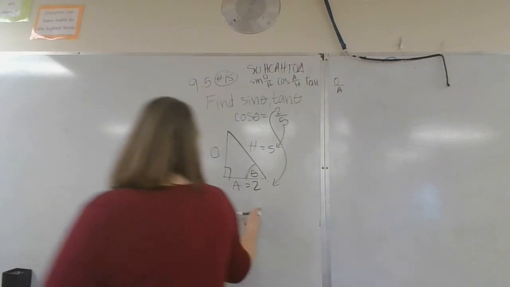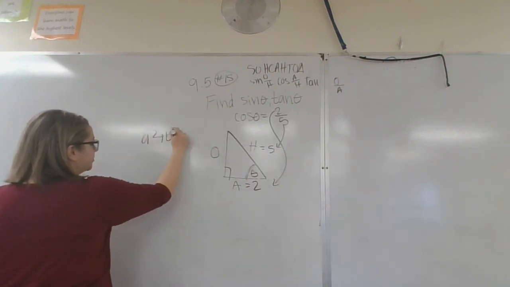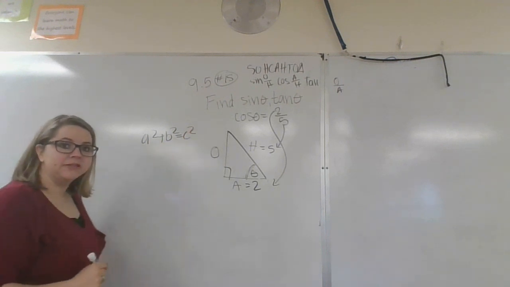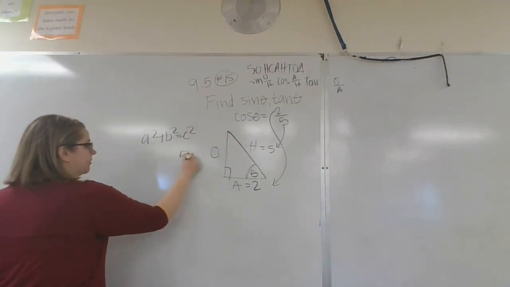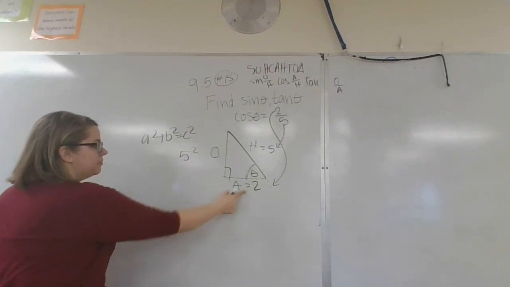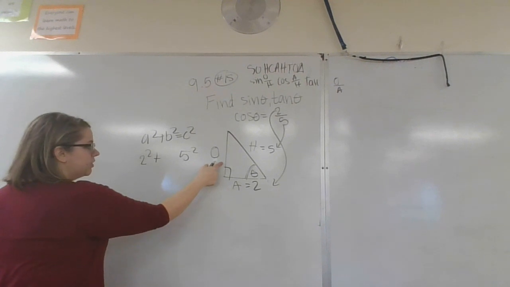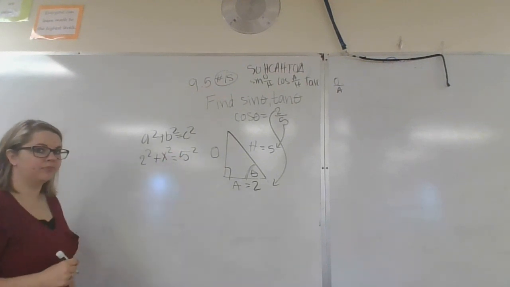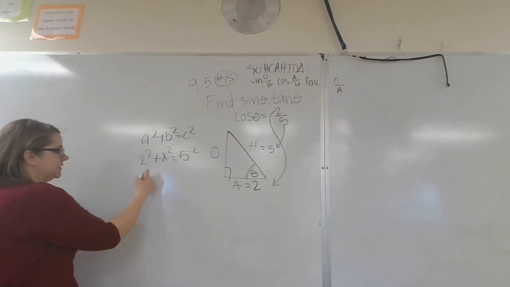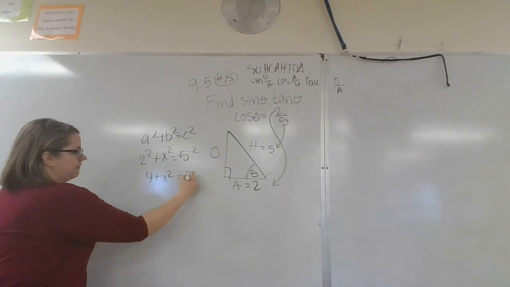So I have a squared plus b squared equals c squared. Remember, c squared is always my hypotenuse, so this is my c squared, 5 squared. I'm going to put this one in for a. So 2 squared plus, we don't know what this is, let's call it x, x squared equals 5 squared. 2 squared is 4, plus x squared equals 25.